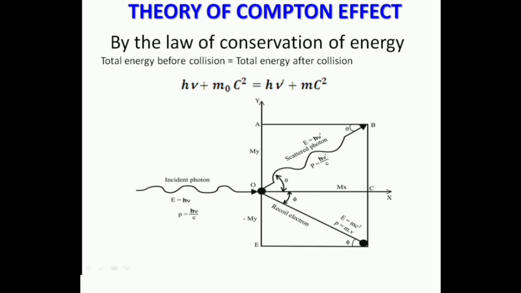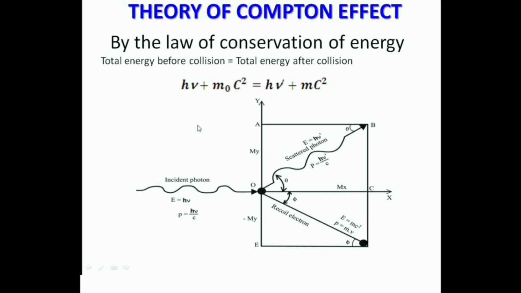Now, if this is theta and this is phi, and if this is the x-axis, the momentum of the photon can have components along the x-axis and y-axis, and the momentum of the electron can also have components along the x-axis and y-axis.